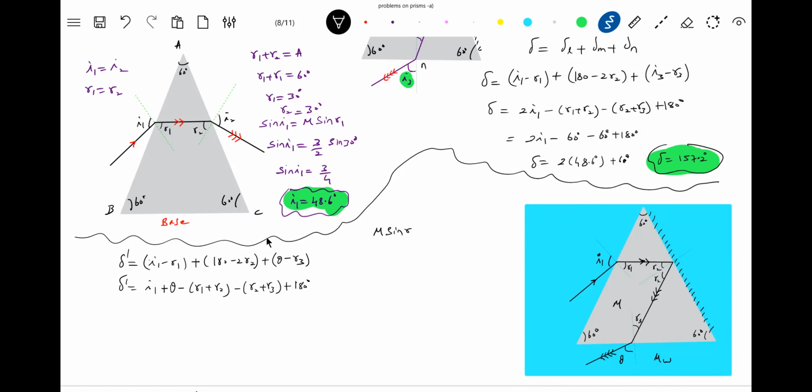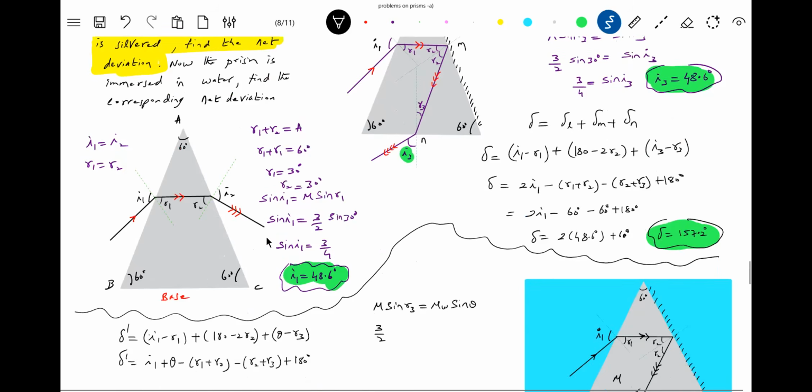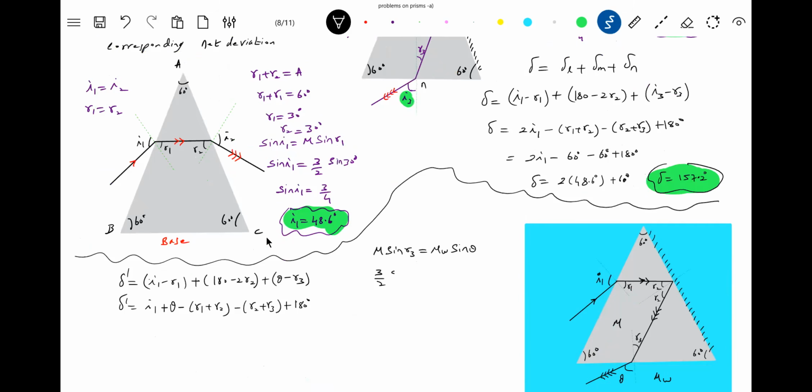Mu sin R3 equals mu W sin theta. Mu is 3 by 2. R3 is how much? 30 degrees. Mu W is 4 by 3, sin theta. So 9 by 16 equals sin theta.